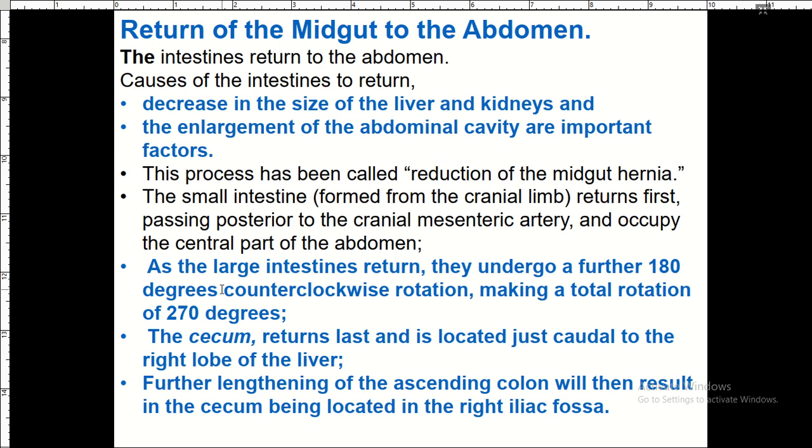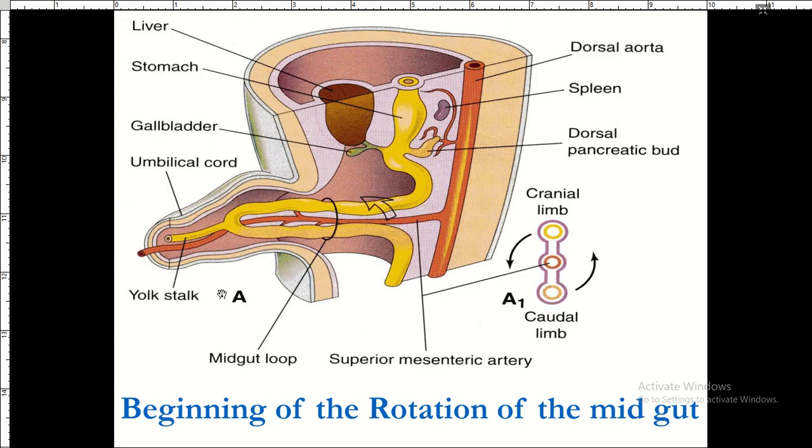As the large intestines retract, they undergo a 180-degree counterclockwise rotation, making the total rotation 270 degrees. Take note of this. The cecum will retract last, and it's going to be located below the right lobe of the liver. And there's going to be elongation of the ascending colon, which will shift the cecum to be located in the right iliac fossa.